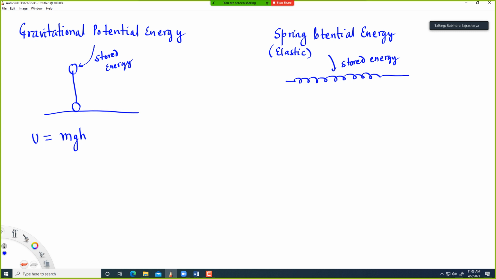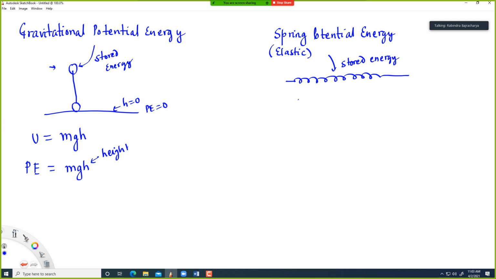It is denoted by the letter U, or sometimes you will also see PE for potential energy. So mgh, where h is the height of the object. If it is on the ground, then h is 0, so there is no potential energy, PE is 0. At some height, it will have some potential energy.